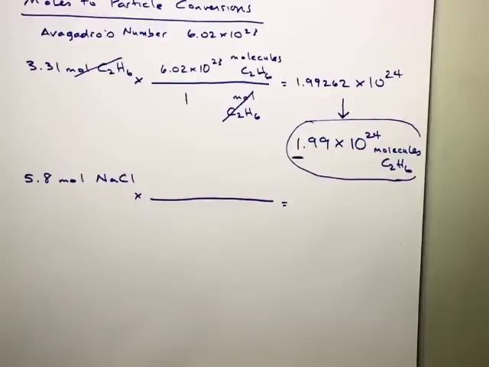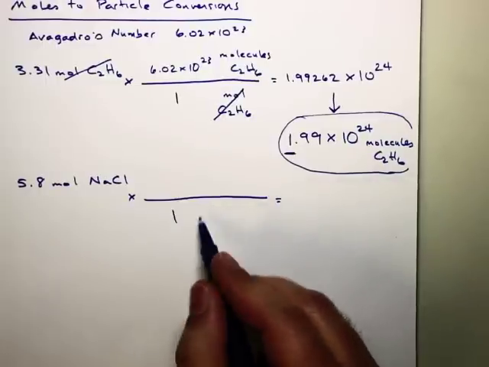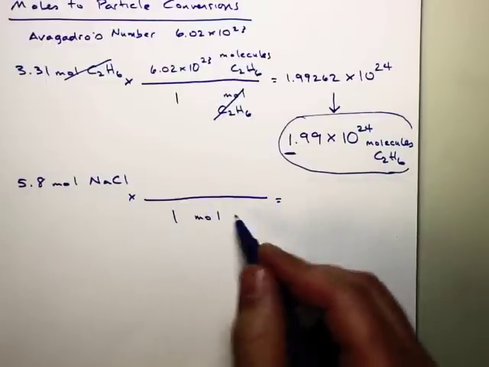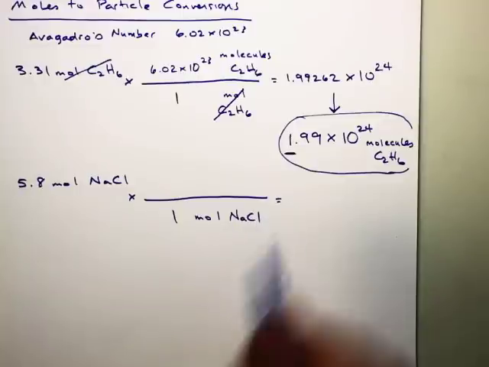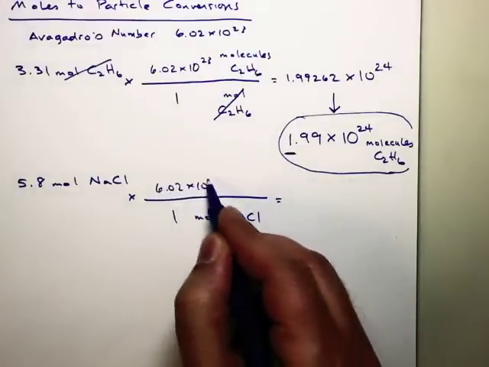Because the numbers above and below the line are going to be the same. The only thing that's going to be different is one of the units. So underneath the line here, we have 1 mole NaCl. Above the line, we just said Avogadro's number will stay there.